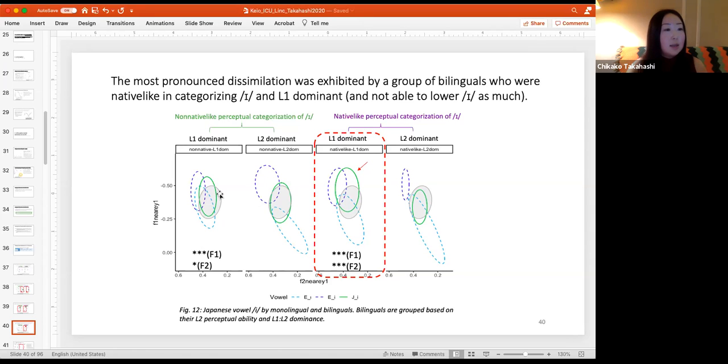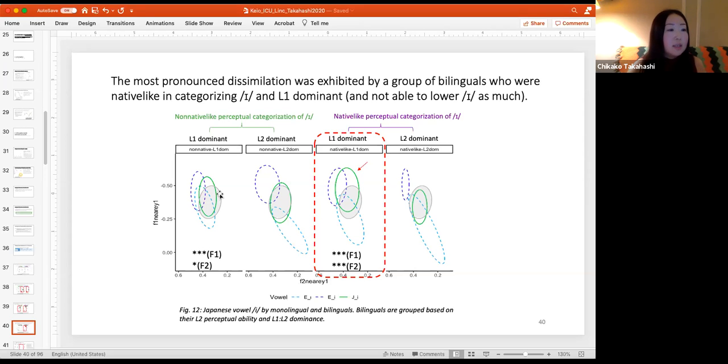Here we can see that the most pronounced dissimilation was exhibited by a group of bilinguals who were native-like in categorizing E, indicating that they had the perceptual ability to differentiate I from E, but who were L1 dominant and unable to lower I as much as the L2 dominant group.